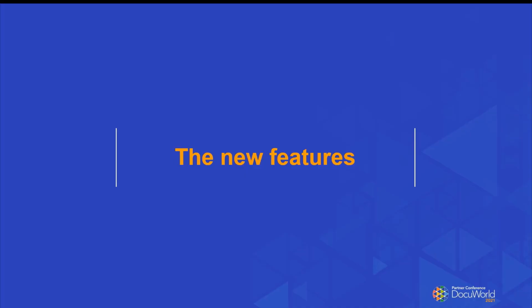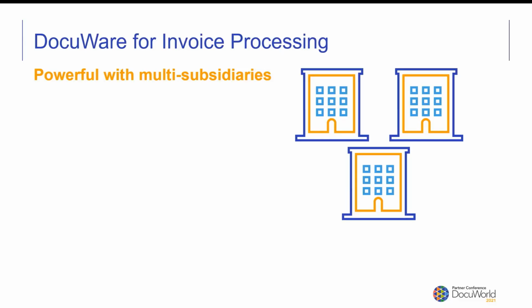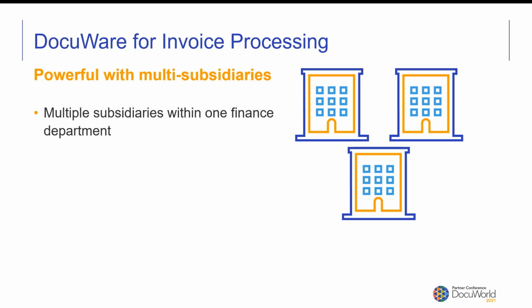Let's talk about some of the new exciting features in the pre-configured solution for invoice processing. DocuWare for invoice processing now has a powerful feature around multi-subsidiaries. Based on customer feedback, we enhanced the solution for companies that process invoices for several subsidiaries within one finance department.